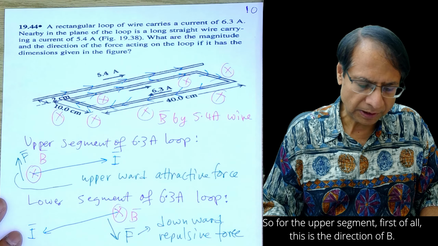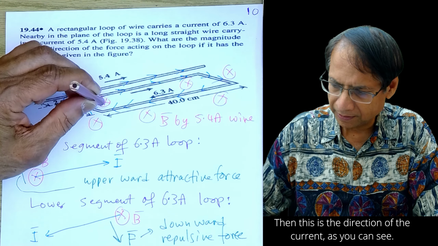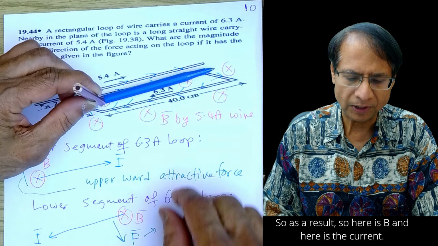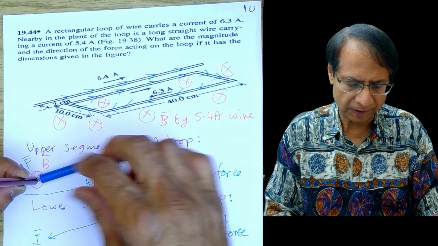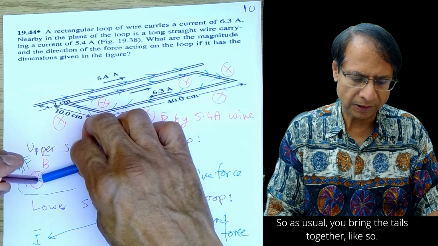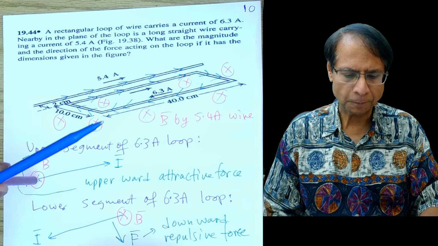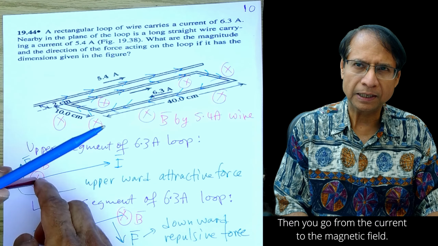So for the upper segment, first of all, this is the direction of B. Then this is the direction of the current, as you can see. So here is B and here is the current. As usual, you bring the tails together like so. Then you go from the current to the magnetic field.